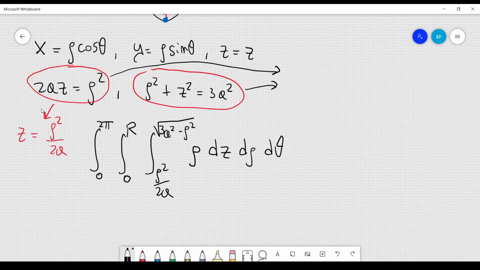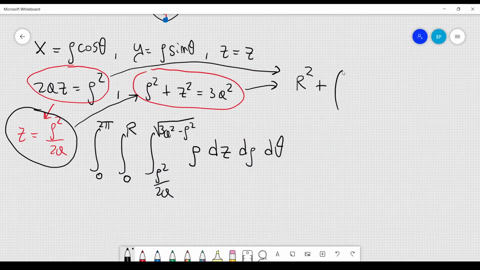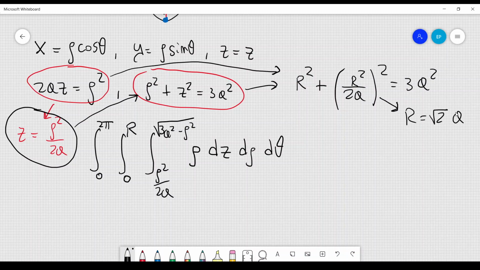We can substitute, for example, z equal to rho squared over 2a into this one, and instead of writing down a rho, I will write capital R, which is the value that we want to find, so we get R squared plus R squared over 2a, all squared, equal to 3a squared. This is an algebraic equation that we can easily solve for R, and the value that you can get is R equal to square root of 2a. You can see very easily that R equal to square root of 2a will solve that equation.